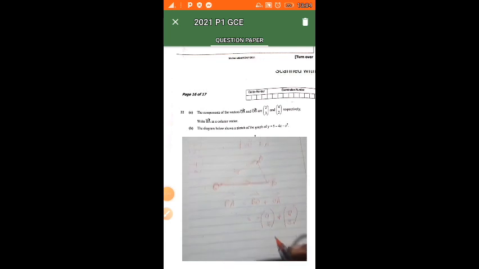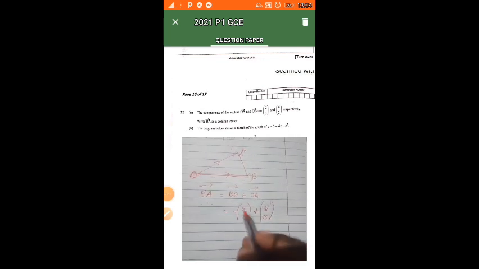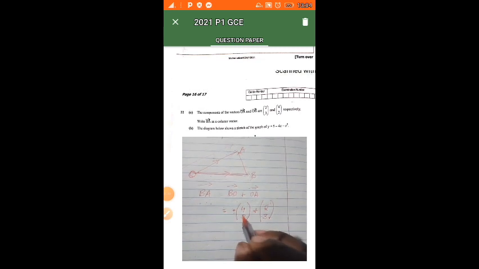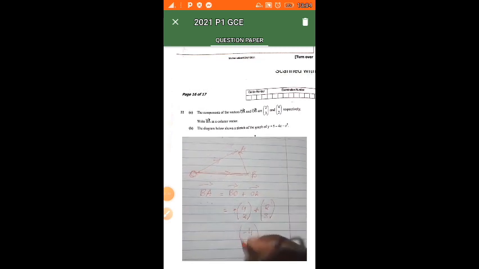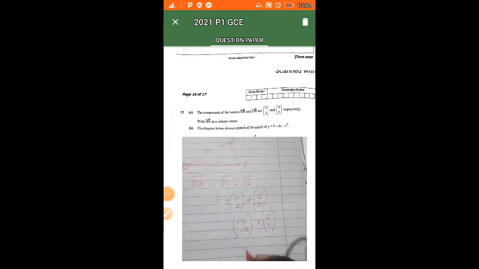Now since we have done this, let's multiply the negative throughout. Negative times 4 gives us negative 4. Negative times 2 gives us negative 2. Plus 2, 3. So simple integers now.